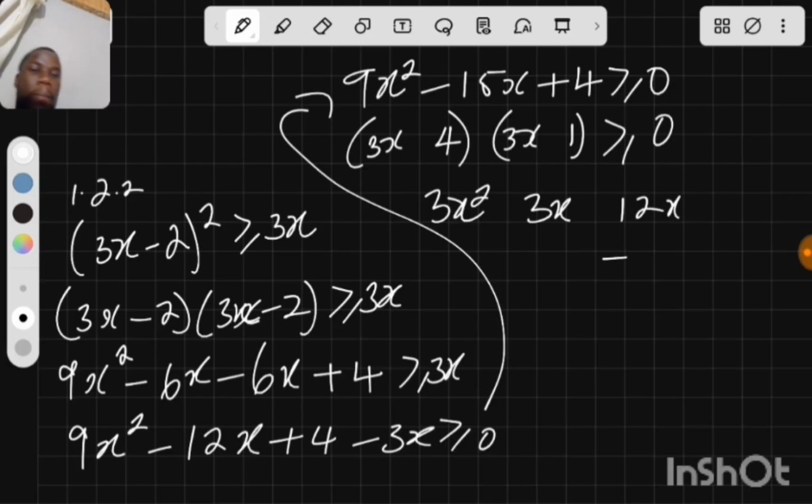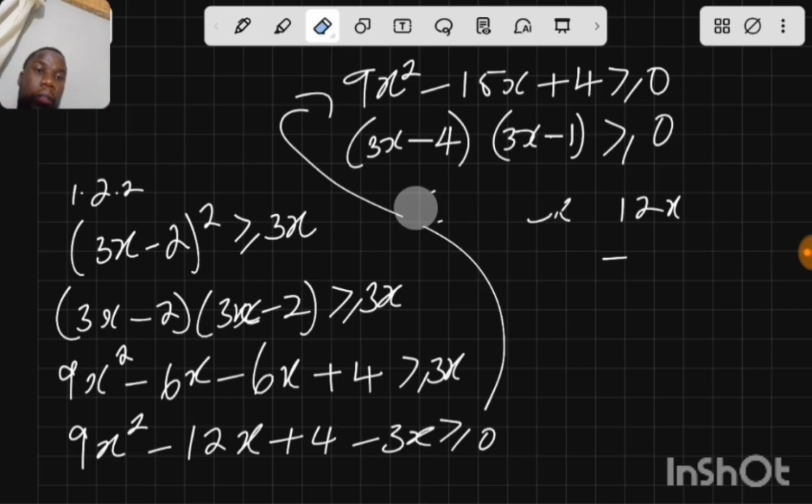Do you understand? So if I put my minus here, I should put minus here. Make sure that you understand.